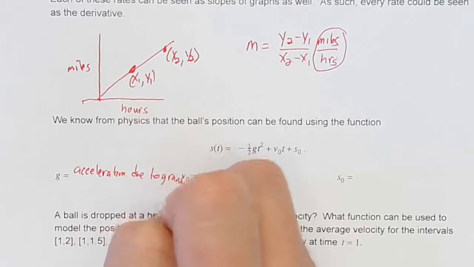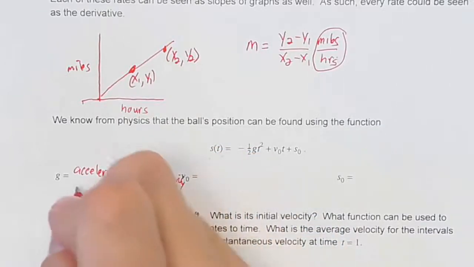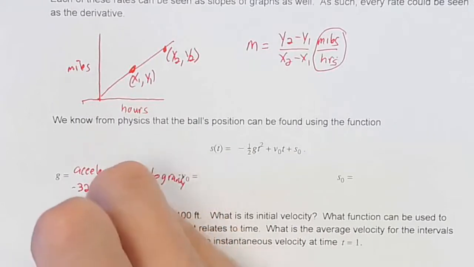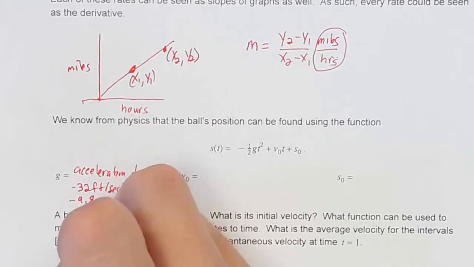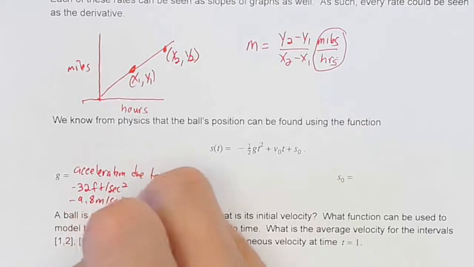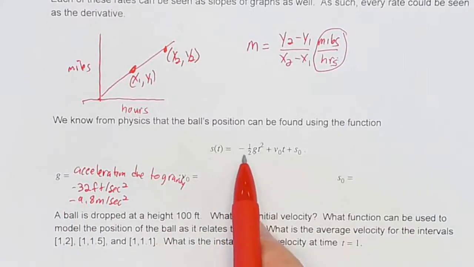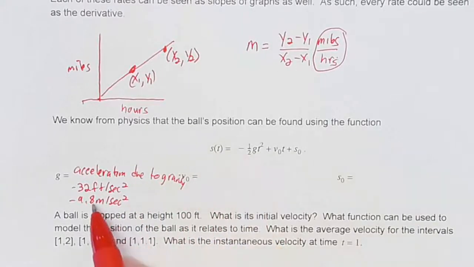There are two different units we use for gravity. Either it's -32 feet per second squared, or it's -9.8 meters per second squared. Which means when we take half of that, we're looking at -16 or -4.9.